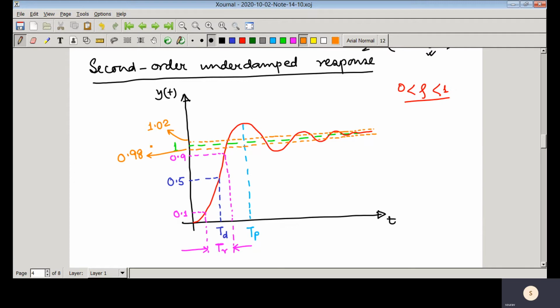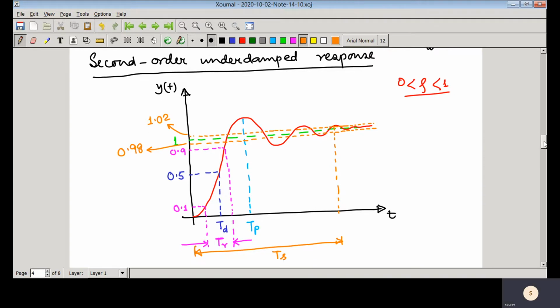So I am labeling those values on the time response of a second order system, and here suppose this is the time whenever the system response enters and stays inside the plus minus 2% band. So this time I would say is TS.